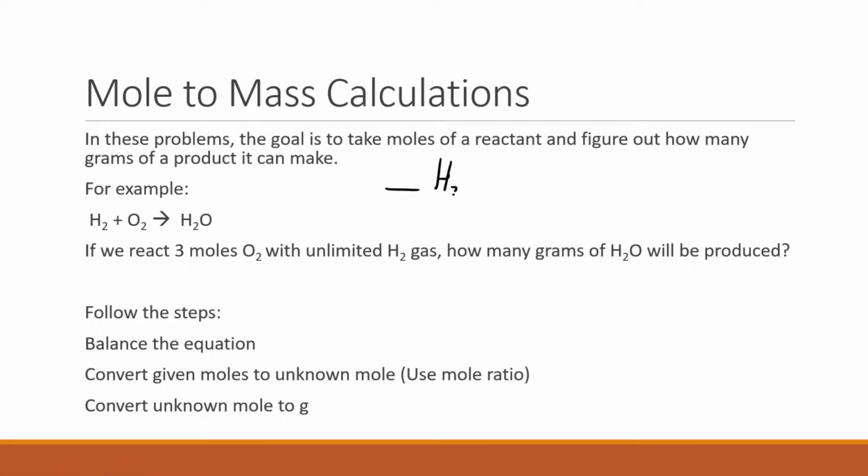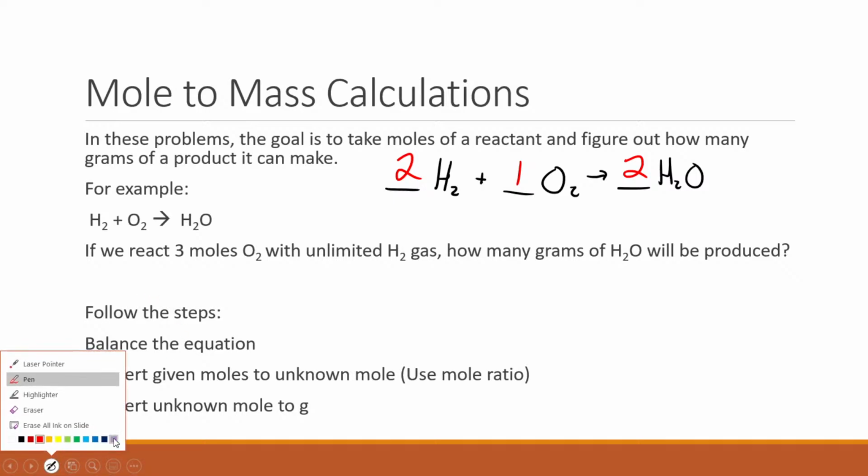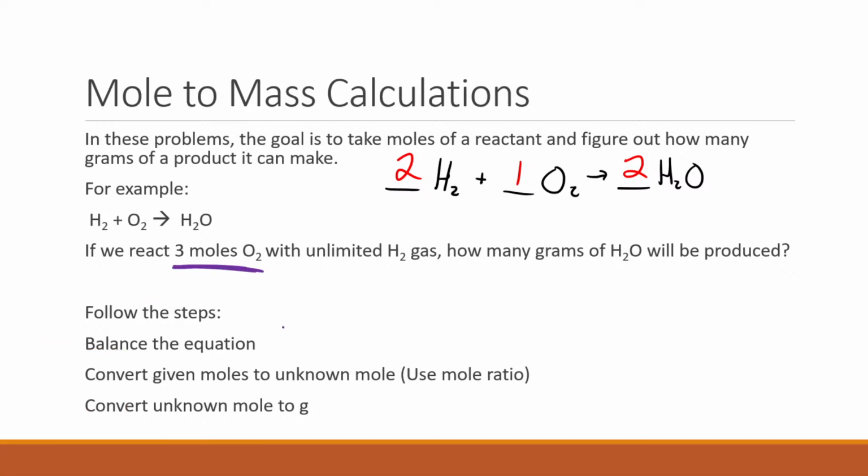We're looking at our H2 plus O2 makes H2O formula. We're going to balance it the same way we did before. And now we're going to look at our question. If we react 3 moles of oxygen with unlimited hydrogen gas, how many grams of water will be produced? So here we have 3 moles of oxygen.